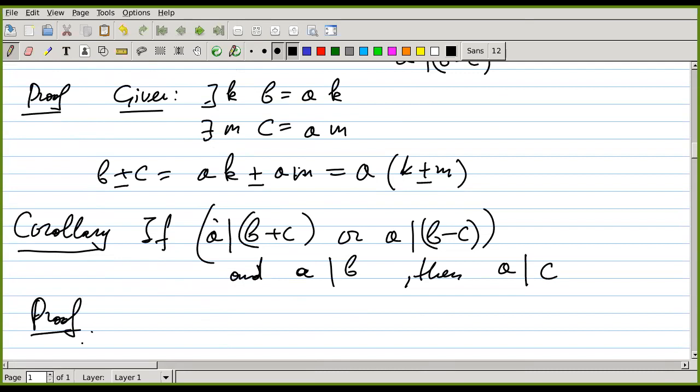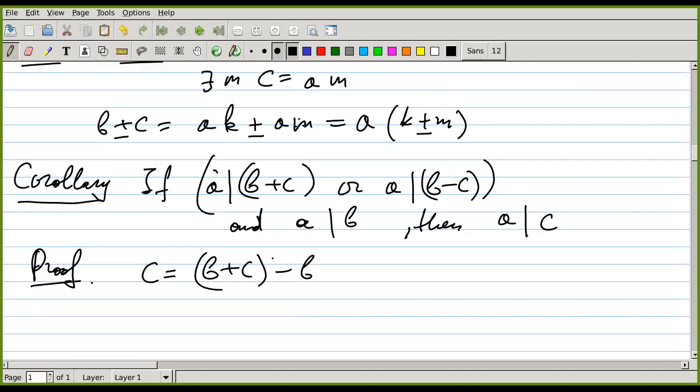Or we can obtain it from the previous one. The main point is to express c as a sum or as a difference. It is quite clear. c is b plus c minus b. Do you agree? Yes. So we know that both summands are divisible by a. Hence, c is divisible by a as well.